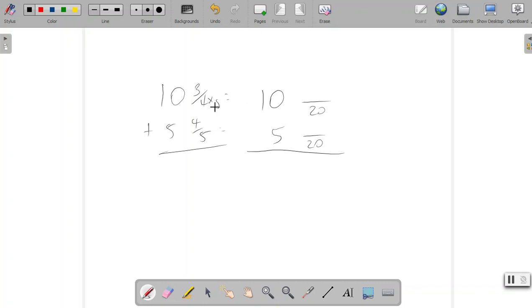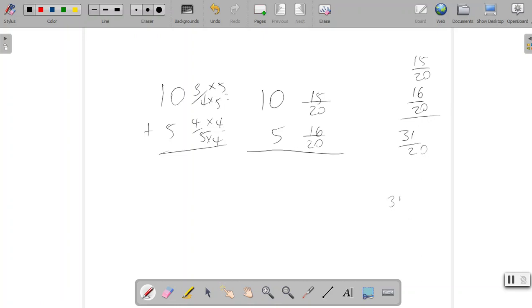So 4 times 5 gives me 20, so I have to multiply the top by 5. 3 times 5 is 15. I have to multiply the 5 in the bottom by 4, because 5 times 4 is 20. So I do the same thing in the top. 4 times 4 is 16. Well, 15 twentieths plus 16 twentieths is 31 twentieths, because 15 and 16 adds up to 31.